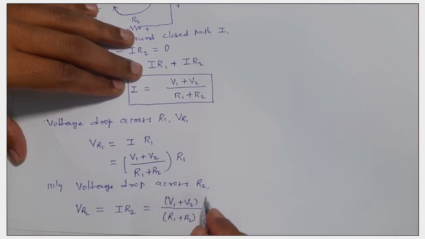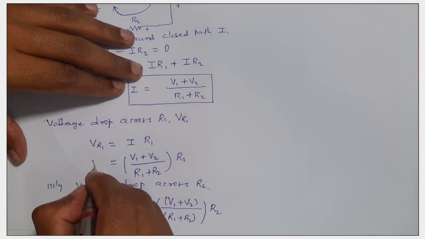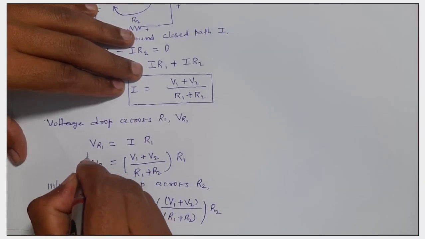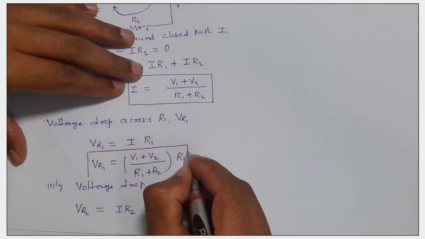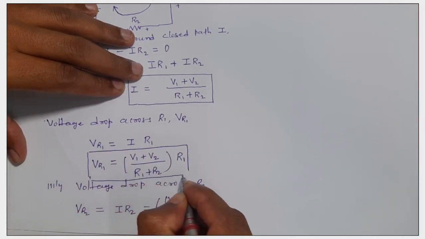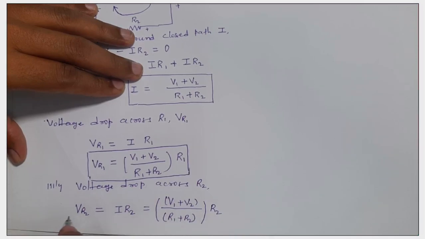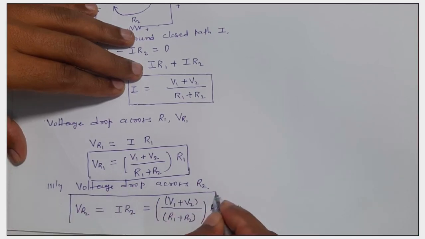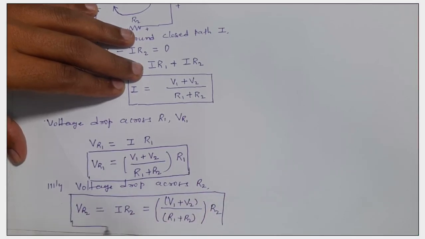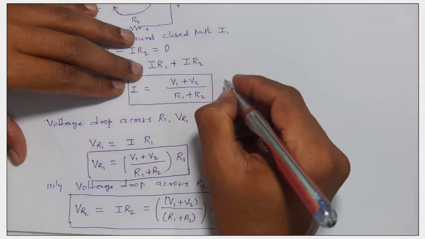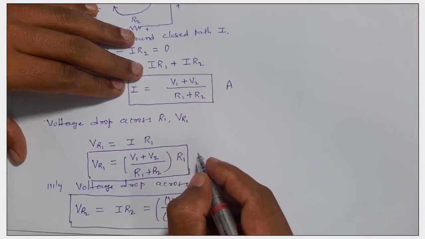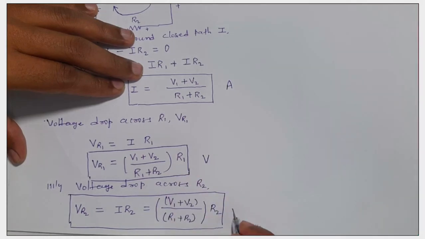And this into R2. Okay, so this is VR1, which is the voltage across R1, and this is VR2, which is the voltage across R2. So this is ampere current and this is volt, this is volt.